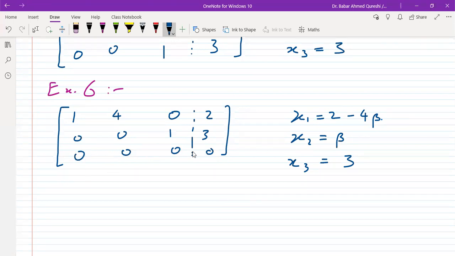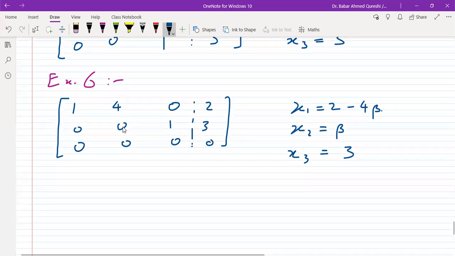If you have a row of 0 followed by a 1, then you are inconsistent. If you have a completely 0 row, then you are bound to have one or more free variables, because this row doesn't have any information. So you have 3 variables, you have 2 pieces of information, so 1 becomes free.